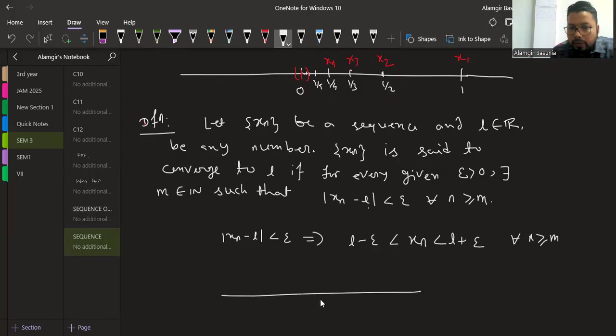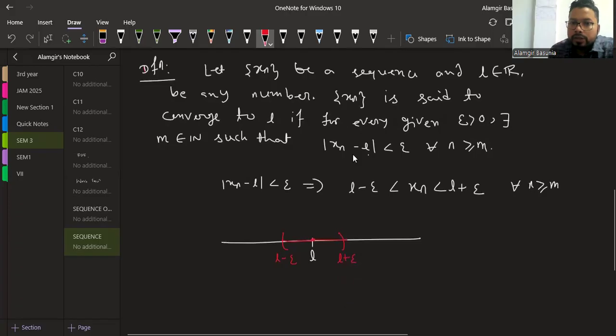Suppose this is our L. We can change the color of this one. This is our L, and this distance is our epsilon. This is L minus epsilon, and this one is L plus epsilon.